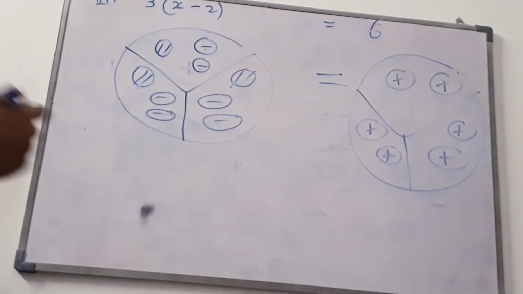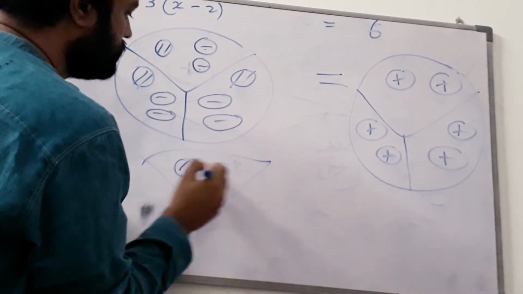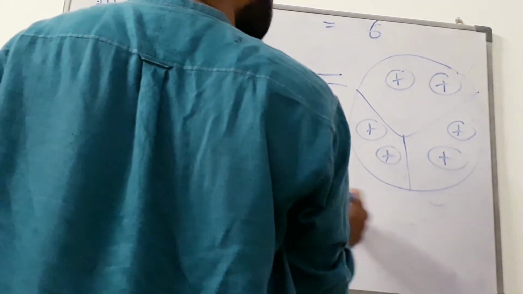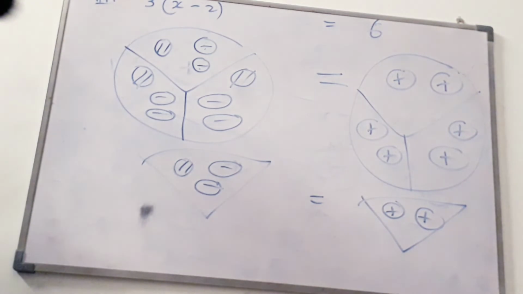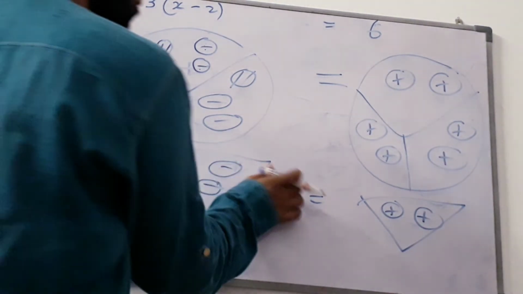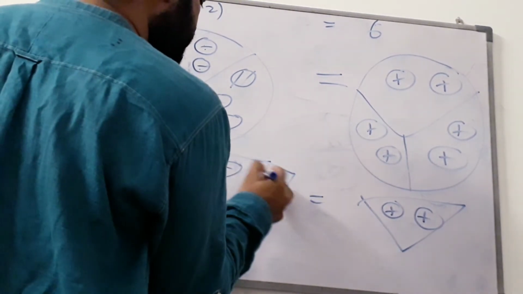So each sector represents a 2. So we can say equals, like this.